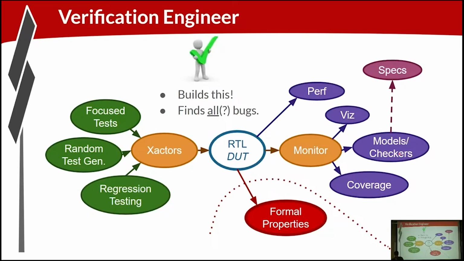So models and checkers, coverage monitors, generally looking at the internals as well of the design under test and making sure that the stimulus that you're providing is covering the situations that you intend to cover. You might have some visualization, you might have performance modeling that's kind of watching over the RTL to make sure that the RTL and the performance models, performance characteristics are in line with each other.